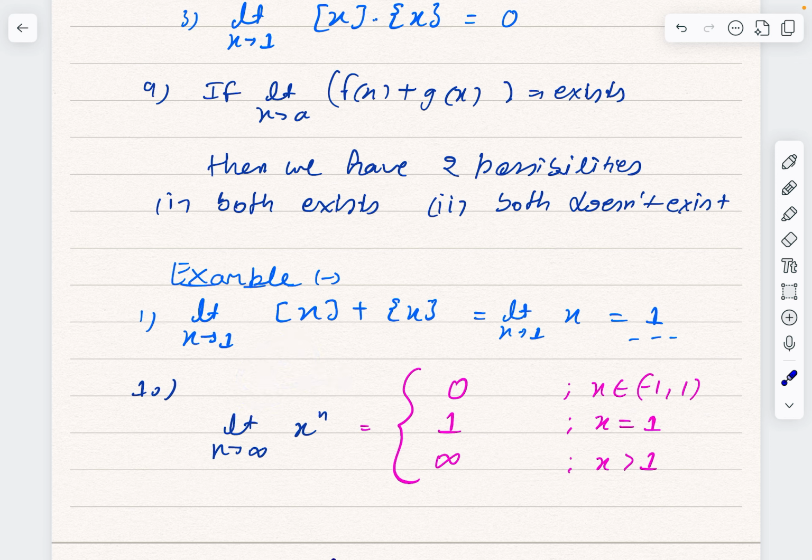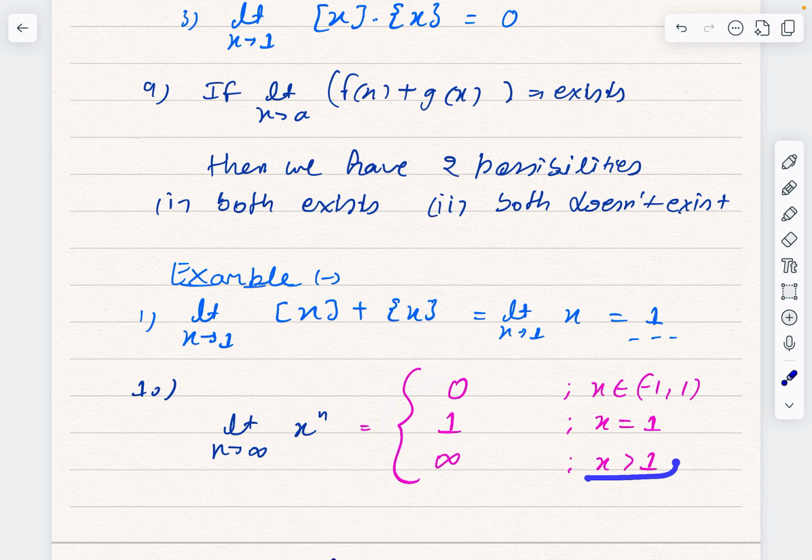But remember, if it is exactly 1, power anything is 1 only. So here we'll say it is 1. So the indeterminate form we discussed, 1 power infinity, there that 1 was approximately 1. You will understand with the help of this also.